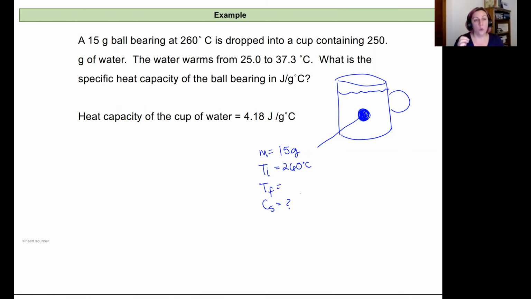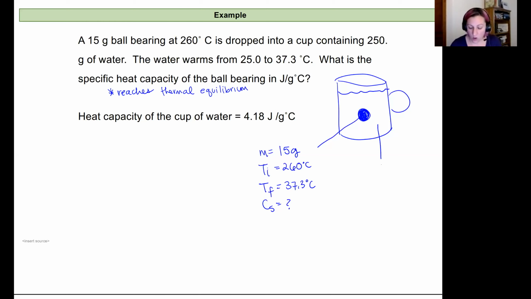So we will see the water warm from 25 to 37.3 degrees Celsius. And maybe it helps to say here that this reaches thermal equilibrium, which is language I'll be very careful to include in something like a problem set. So if this reaches thermal equilibrium, then that means that the ball bearing and the water will be at the same temperature. So my final temperature for that ball bearing is that 37.3 degrees Celsius.